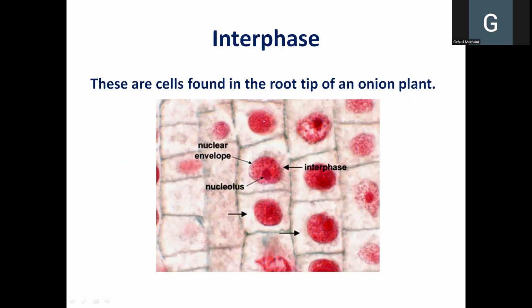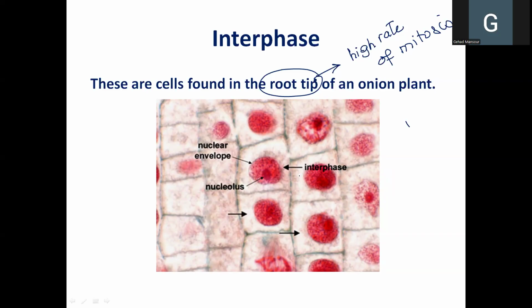Now, let's see how the cells look under the microscope, under the high power of the light microscope. In interphase, this is a section from the root tip of an onion plant. Why from the root tip? Because at the tip of the root, just like at the tip of the stem, we have a very high rate of cell division, of nuclear division or mitosis, and cell division or cytokinesis.